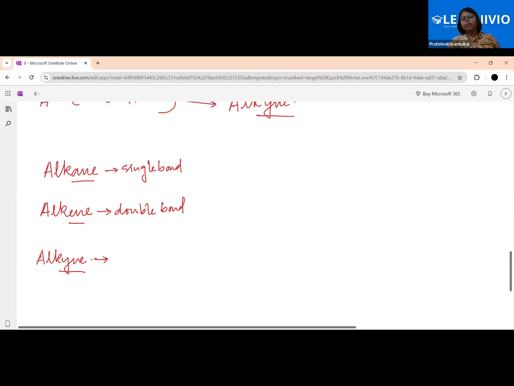And this is for triple bond. Now we are gradually seeing how we name the organic compounds. If there is a single bond, we will add a suffix called ane. If there is a double bond, we will add a suffix called ene. And if there is a triple bond, we will add a suffix called yne. So these are going to be suffixes.